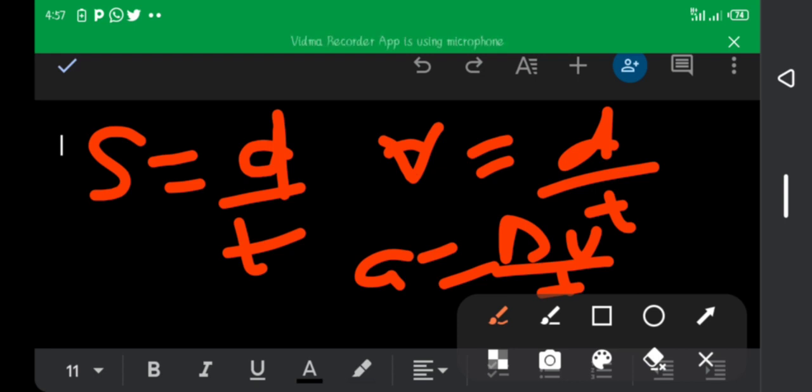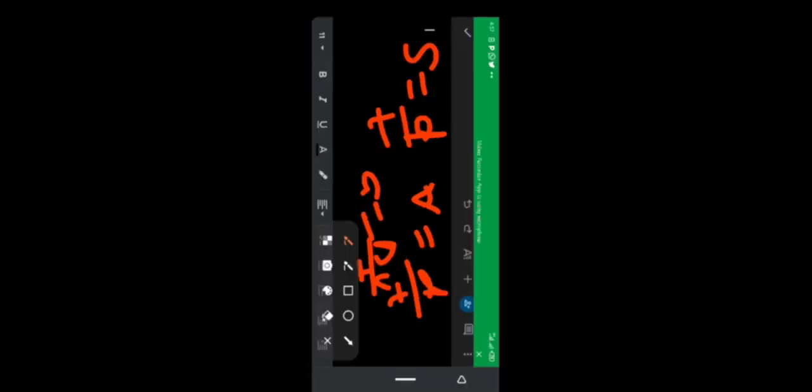You can change the formula of all these equations, so that you might make displacement the subject of the formula. You can even go ahead to make time the subject of the formula, any one you like.